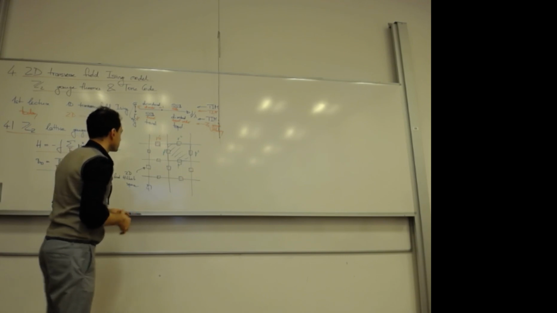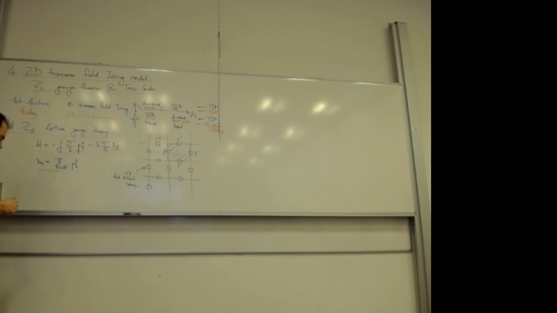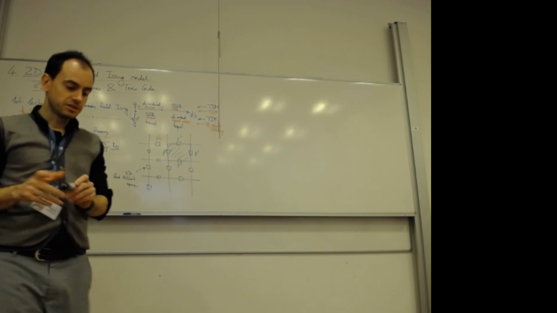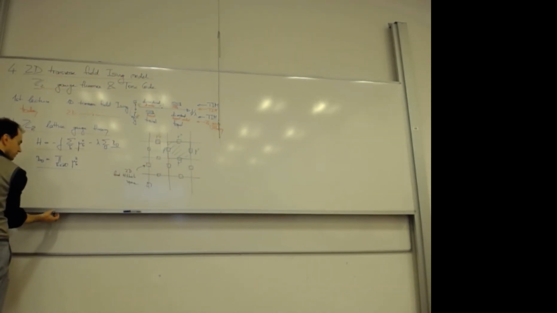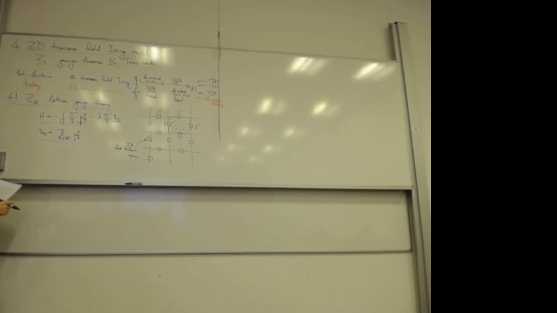So, why do we call this a lattice gauge theory? First of all, an important thing to introduce here is something that is present in the gauge theories, which is a Gauss constraint. Sorry, I'm not sure why I started in blue. Gauss constraint.